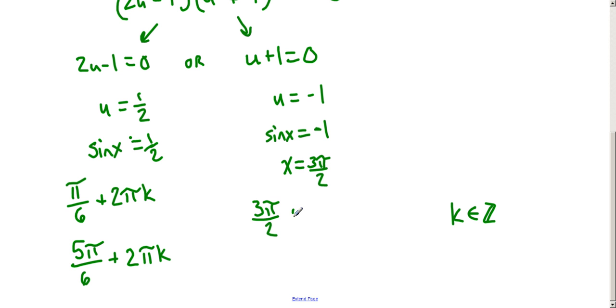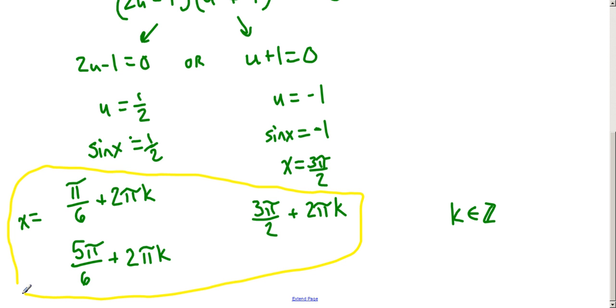It's 3 pi over 2 and any coterminal angle with 3 pi over 2. So our solution is all of this good stuff right here. These are our 3 possible solutions. And don't forget your k is an element of the integers.